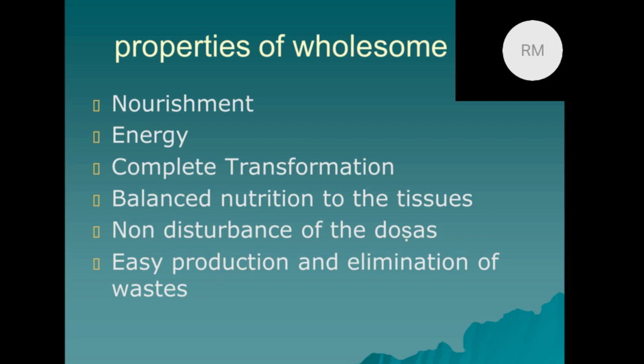So the concept of balanced diet in Ayurveda is to achieve all of these goals at the same time. A balanced diet nourishes, gives energy, gets completely transformed, nourishes the tissues in a balanced way, doesn't disturb the doshas, and is easily digested with the wastes separated and eliminated. When all of these goals are achieved, then we call that diet completely balanced.